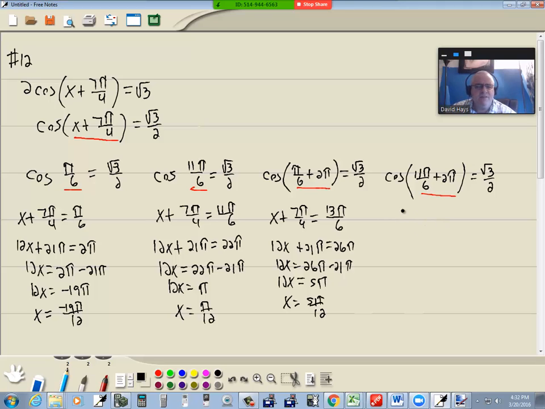Okay, now this one here. So I got x plus 7 pi over 4 is equal to 2 times 6 is 12, plus 11 is 23 pi over 6. Multiply everything by 12. I get 12x plus 21 pi is equal to 46 pi.